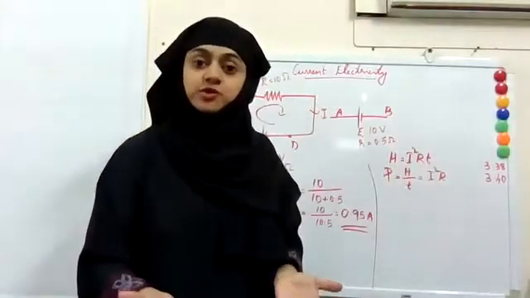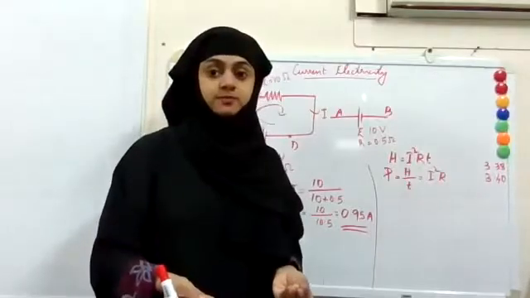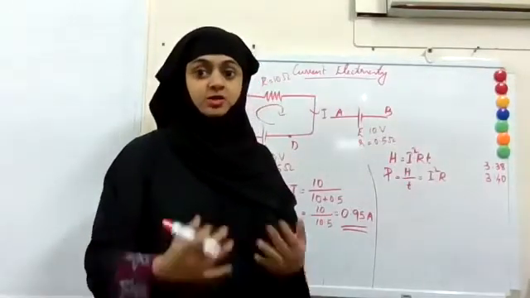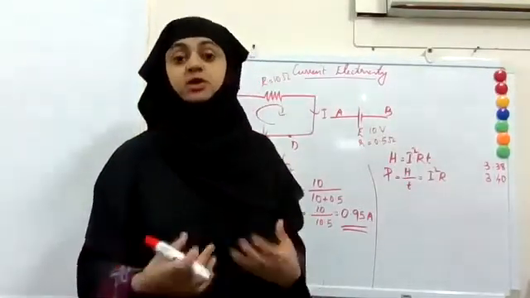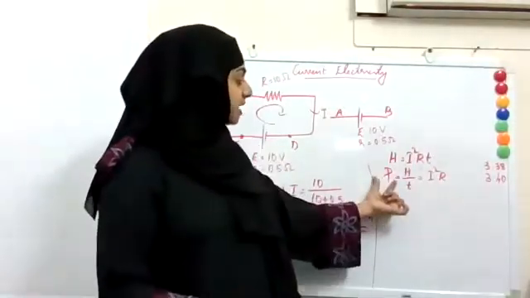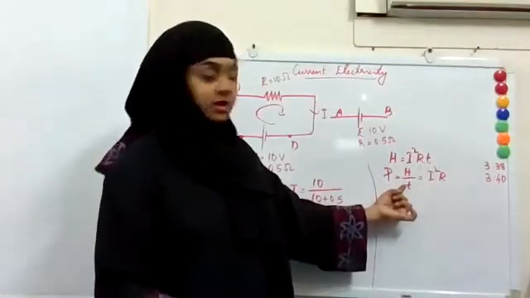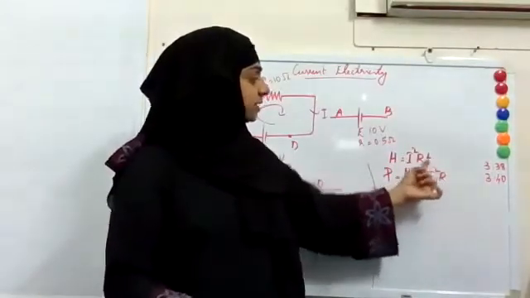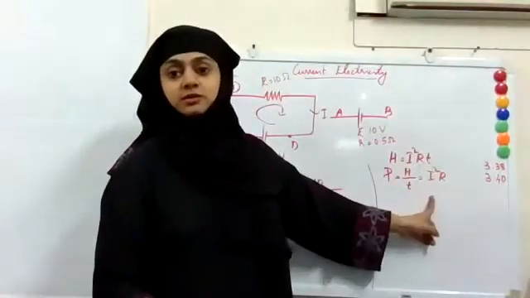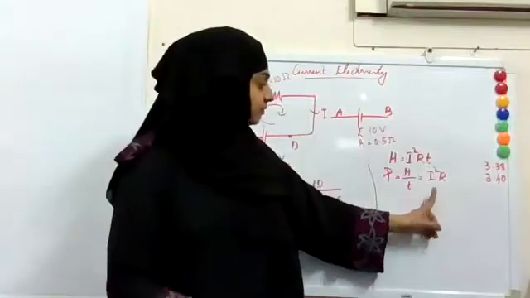Rate of heat produced means heat produced per unit time. So heat per time or energy per time or energy divided by time is power. Heat by time. Okay, so I square RT by time, I square R. Is it clear, Irfan? Yes, teacher, I understood now.